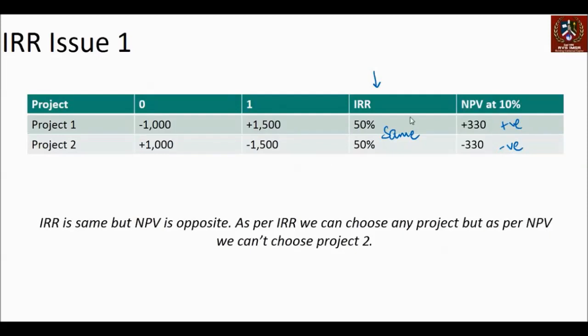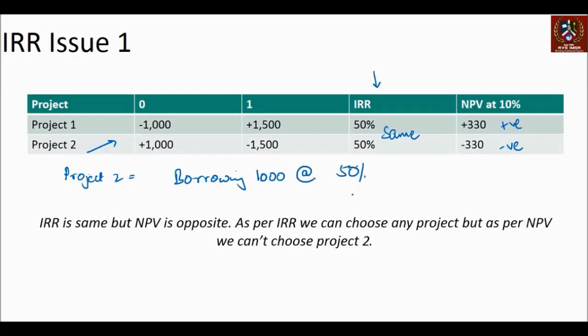Now, if you think about this closely, what is project 2? You are getting 1,000 now and you are paying out 1,500 at the end of the first year. In other words, project 2 is nothing but borrowing 1,000 at 50%.